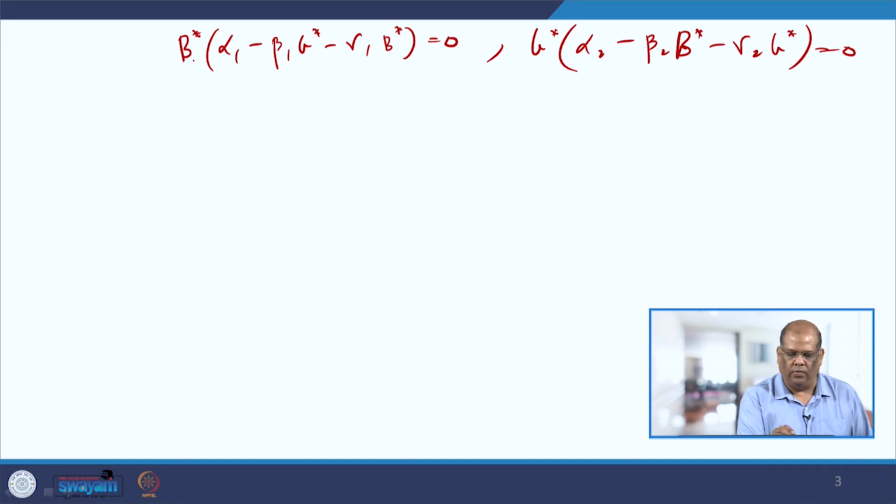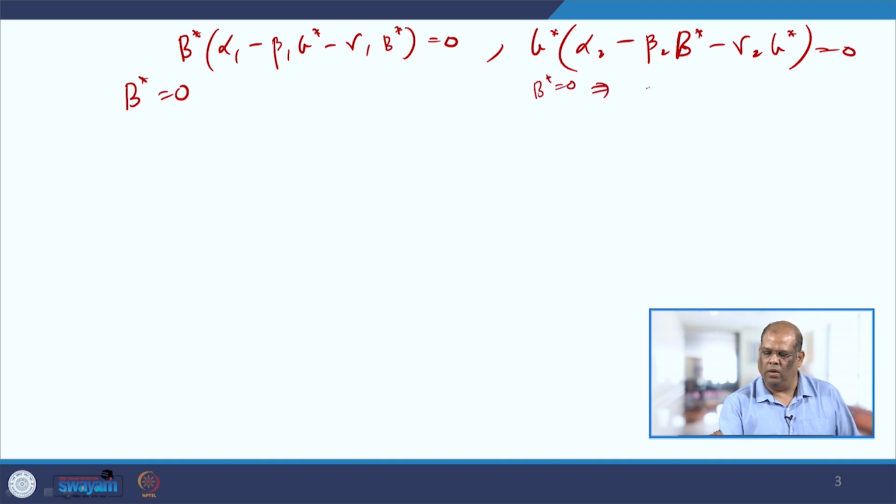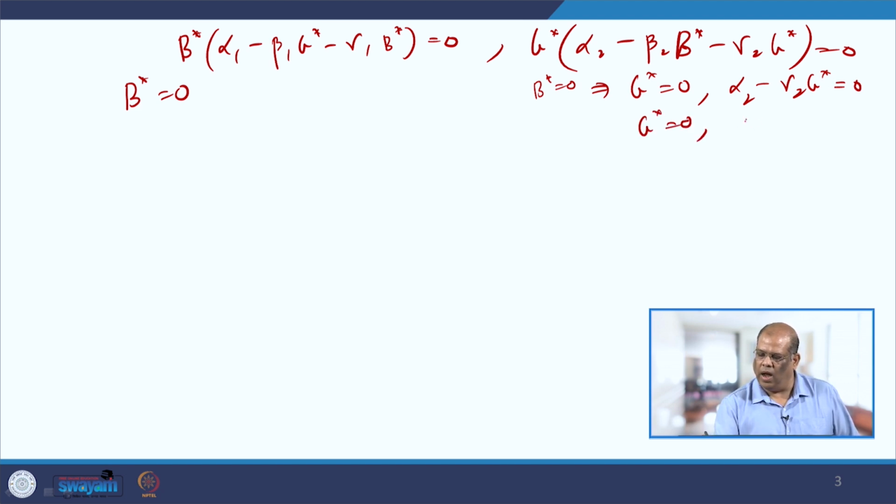Yeah. So, from here B star equal to 0, and if you substitute B star equal to 0 here, you will get G star equal to 0 and alpha 2 minus gamma 2 G star equal to 0, which will give G star equal to 0 and G star equal to alpha 2 by gamma 2.